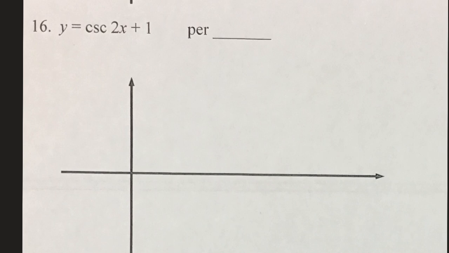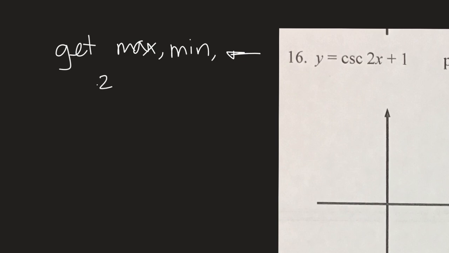Every time we graph a cosecant or a secant, you are not going to start with graphing cosecant or secant, but you're going to graph his friend, the sine or the cosine. We're going to get your max value, your min, and your zeros from your sine equation.